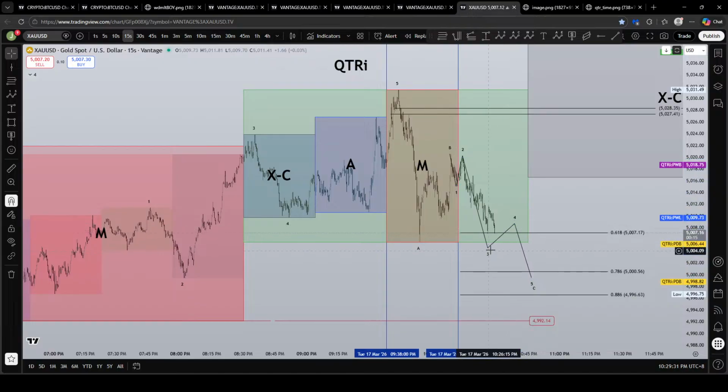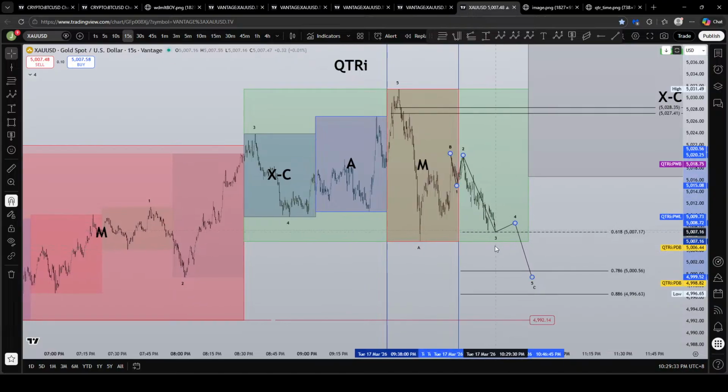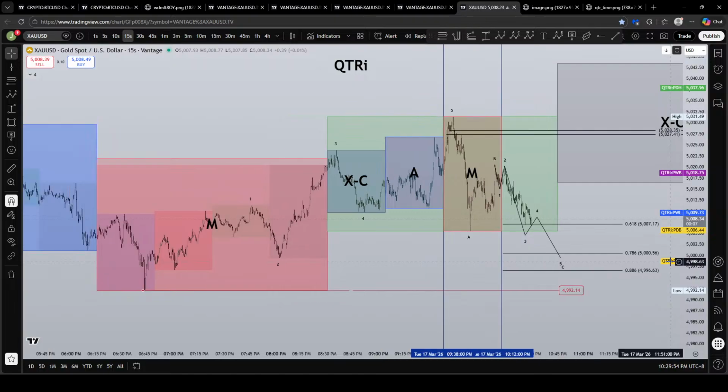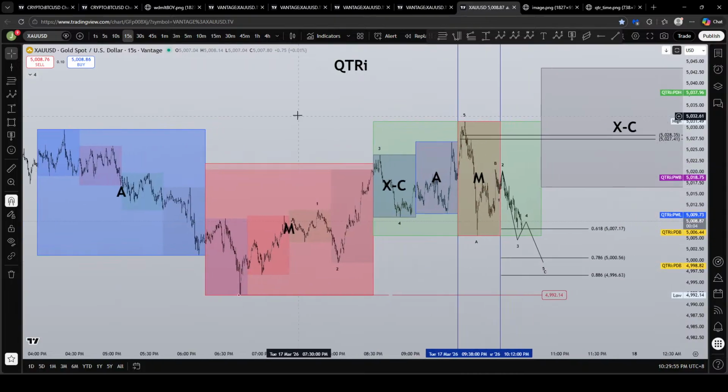entry. As I have mentioned a while ago, I'm expecting at least 5 waves down for this one, and as forecasted, the market is doing as forecasted. So once we break the low of this wave A, then there's a possibility that the previous day body low will be taken.